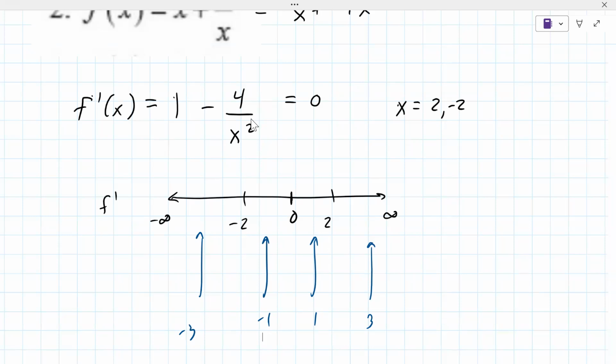Would -3 be positive? It is, because you're squaring it, so it's 1 minus 4/9. One smaller than minus 1, 4/9 would be 5/9, right? So that's positive.